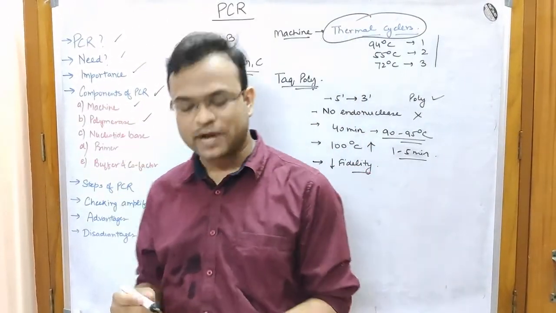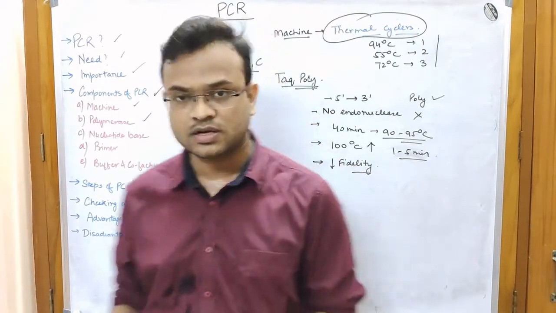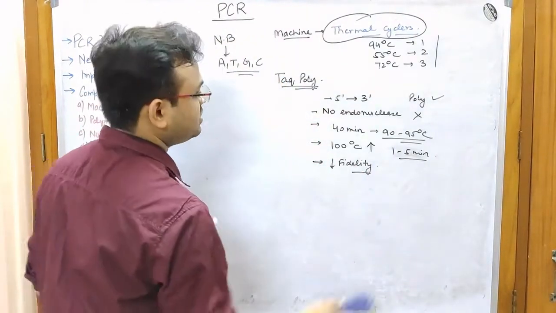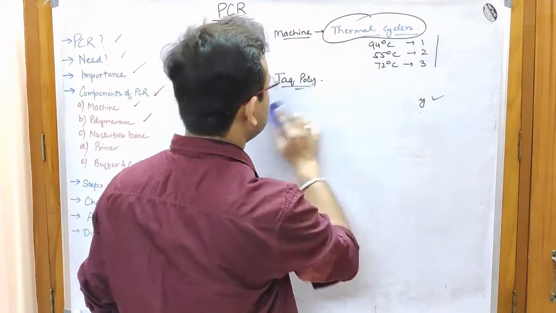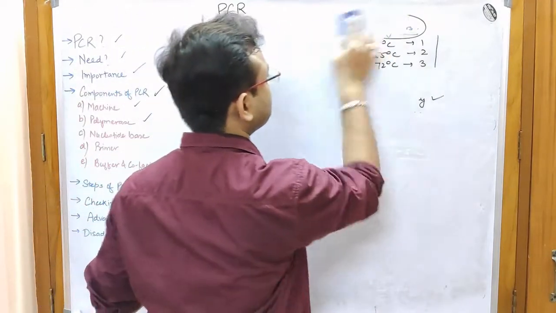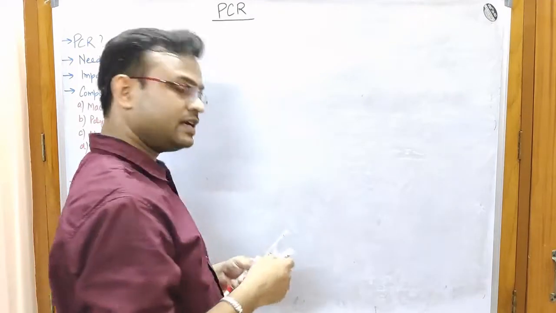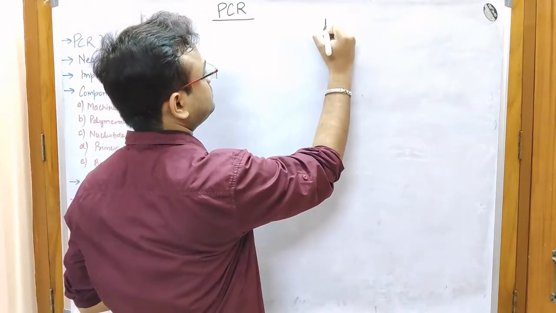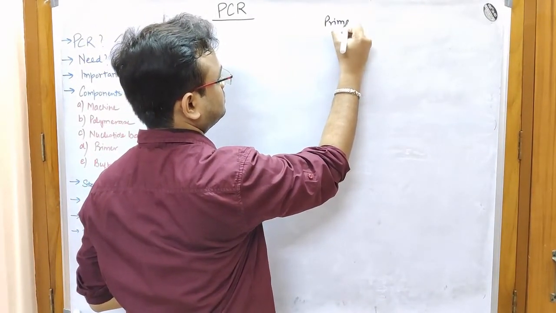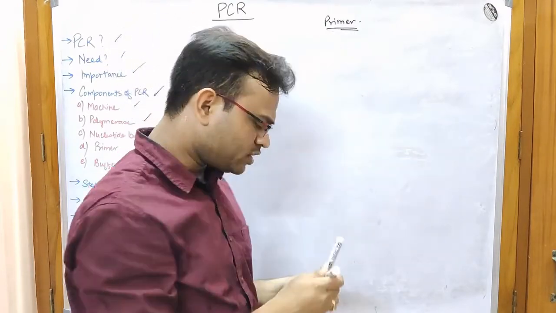So now coming to primer. This is again a very important aspect of polymerase chain reaction. We have to deal with it in detail. So let us talk about primer. What are primers?